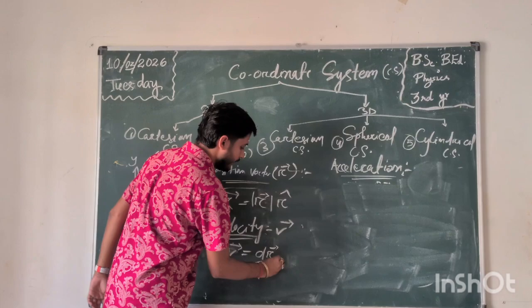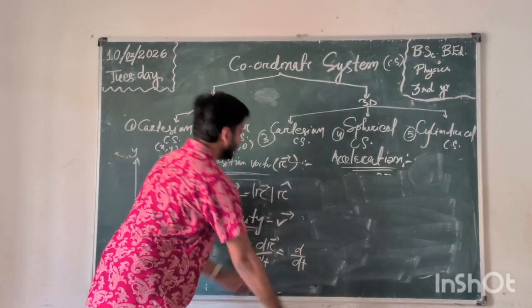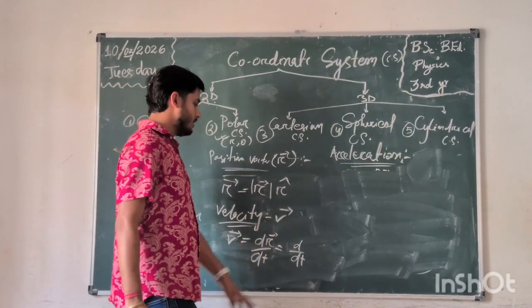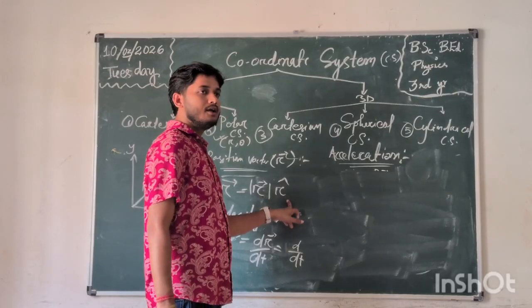If I am writing r vector here, d by dt, applying the chain rule, what can we write here? First term into derivative of the second term, plus derivative of the first term into the second term.